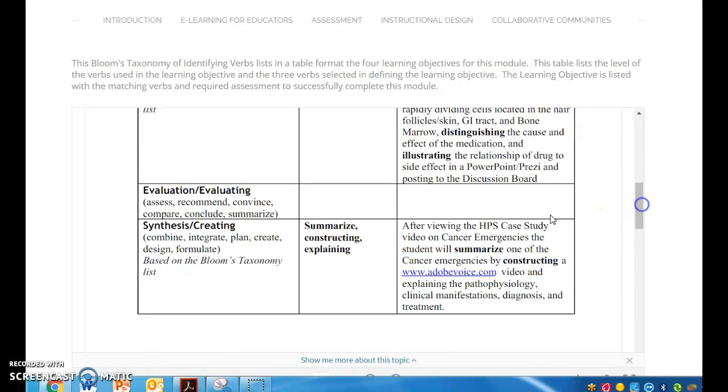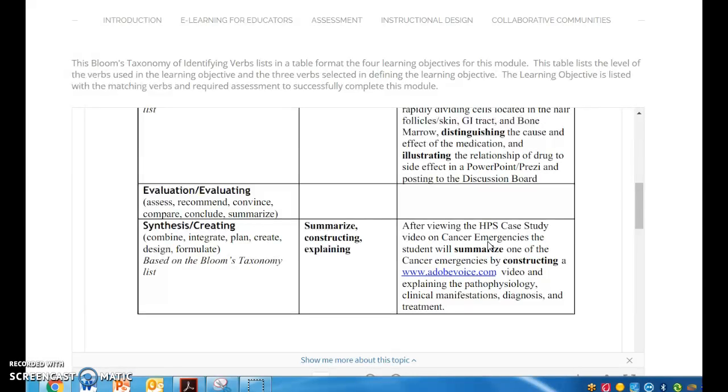Finally, the synthesis and creating level, which is the highest on Bloom's taxonomy list. The words chosen that correlated to the course objectives were summarize, construct, and explain. And in this case, they were to view a case study on cancer emergencies and summarize one of the cancer emergencies. There's about 4 or 5, and construct a video on Adobe Voice and explain the pathophysiology, clinical manifestation, diagnosis, and treatment.